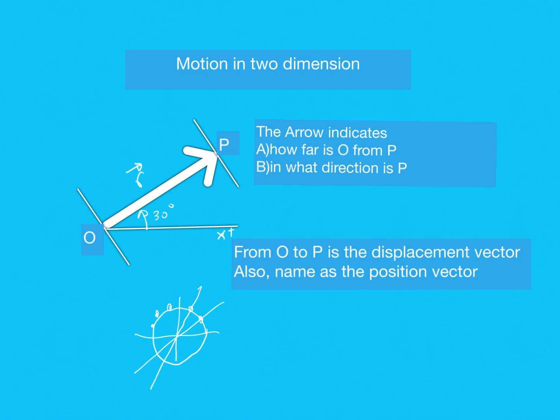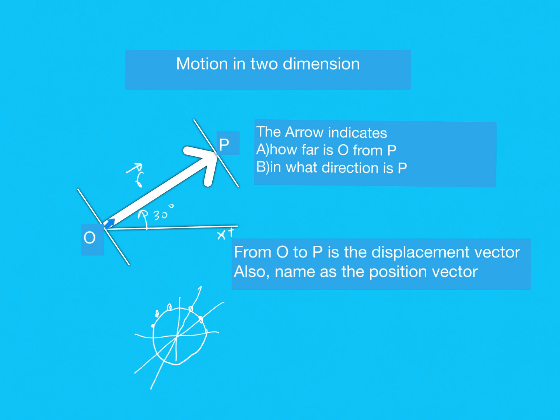Okay, from O to P, there is a vector, and this vector is a displacement vector. So you can think of a vector like an operator. It moves you from here to here. So it displaces you.